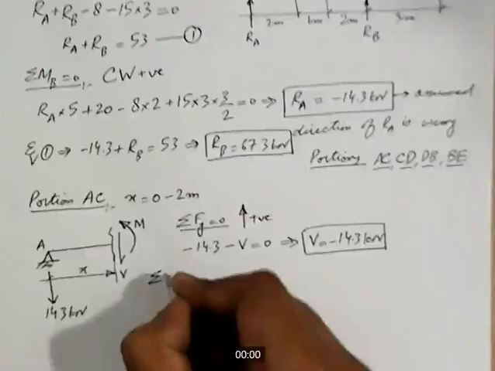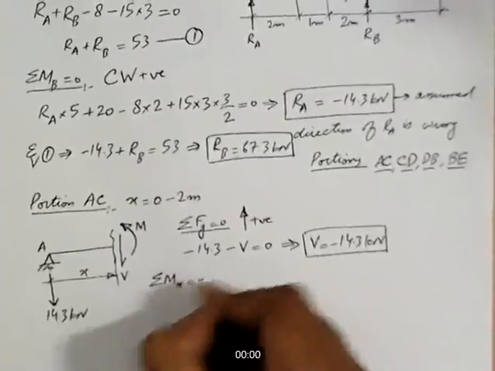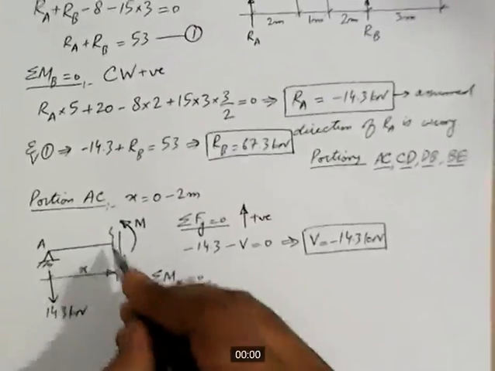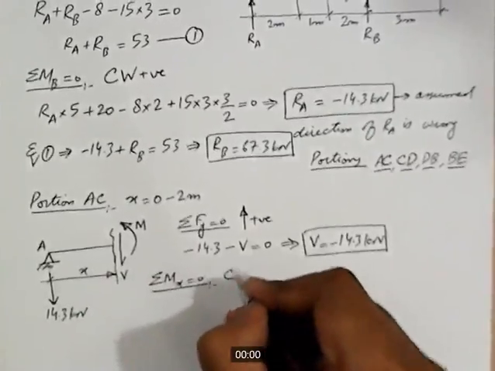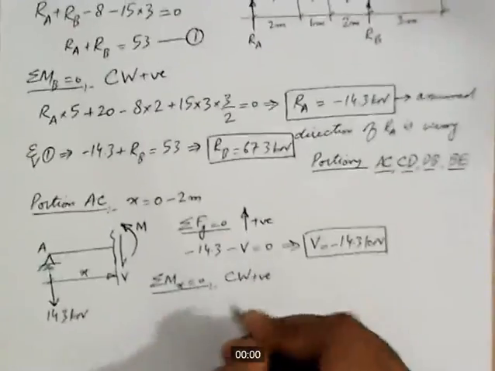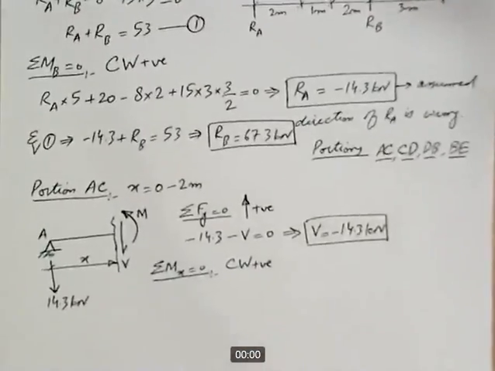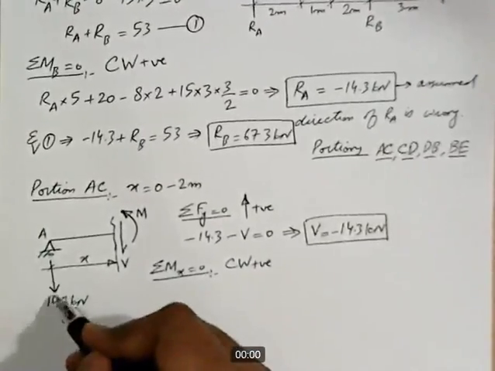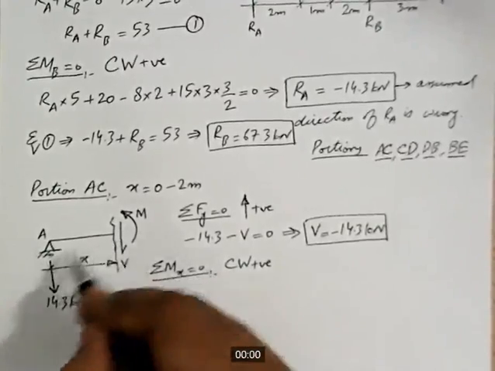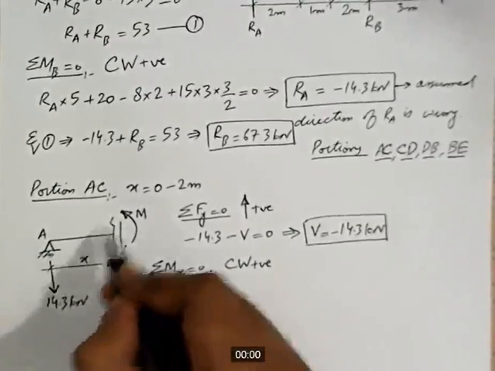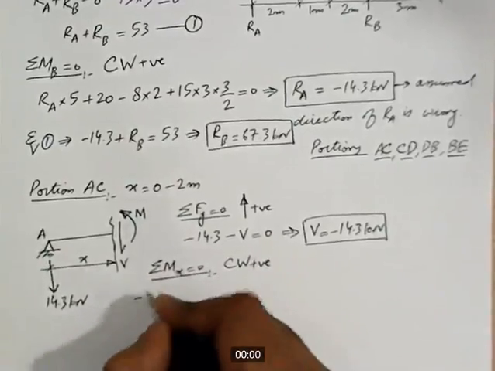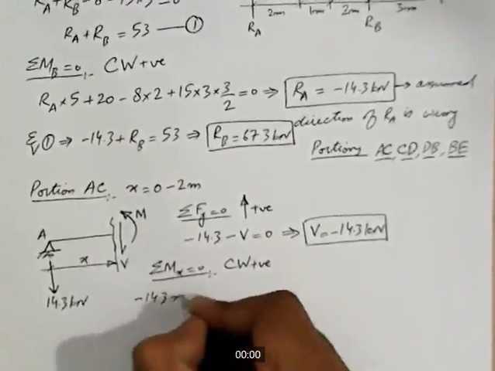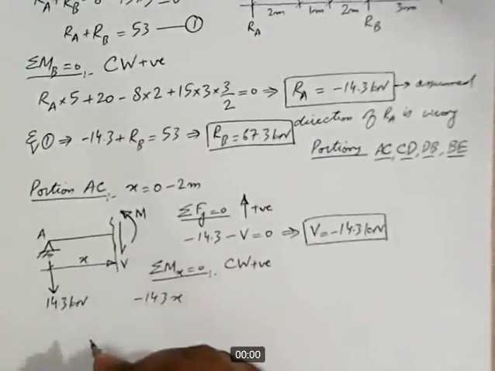Next we will write down the equation for bending moment, and we always write down the equation of bending moment about the section. We take sigma Mx equal to 0. Convention is clockwise will be taken as positive. Now this 14.3 kilonewton will produce moment about the section in counterclockwise direction, so it will be taken as negative, minus 14.3, and lever arm is X. What else?